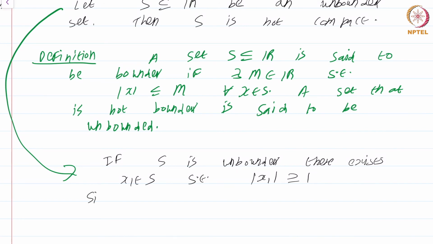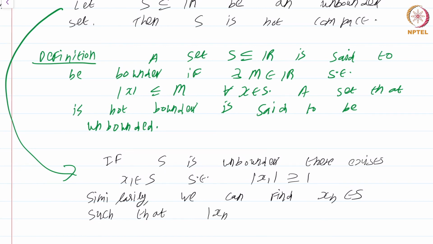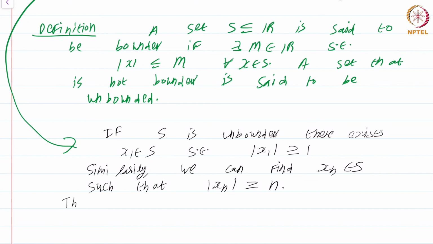Similarly, we can find xn in S such that mod xn is greater than or equal to n, right? So this sequence xn is an unbounded sequence.